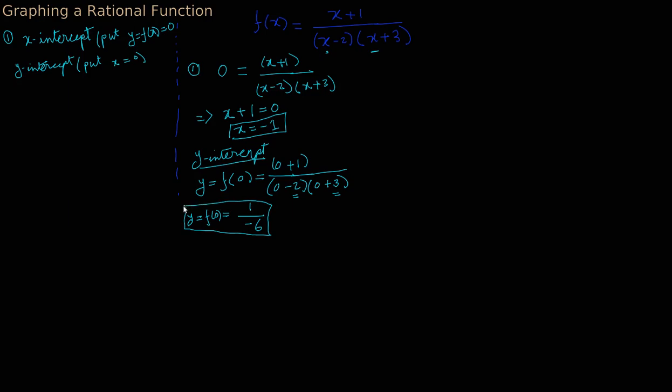I already found the x intercept and the y intercept. Now let us look at the second step. Step number 2 is we need to find the vertical asymptote.